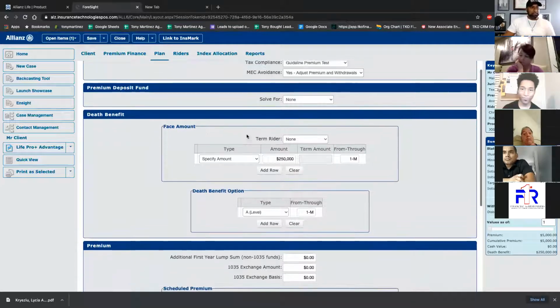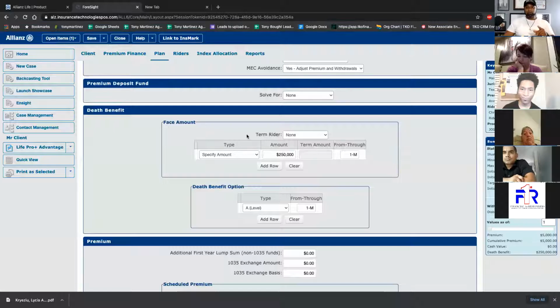So if it's a 34-year-old, according to my rules, how much should the overfunding be? 30%. Let's say this client says to me, I want to put away $500 a month, right? How I figure out the 30% is very simple. I'm going to take 500 and multiply it by 12, which is 6,000 a year.